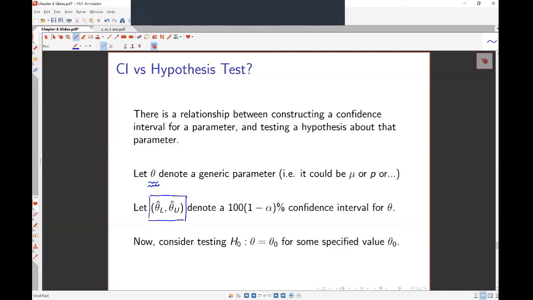And this interval has confidence level 100 times 1 minus alpha %. Well, if you use this confidence level and you then compare it to testing a hypothesis, say we're testing the hypothesis that mu is equal to some specified value mu naught, how do these compare to one another?